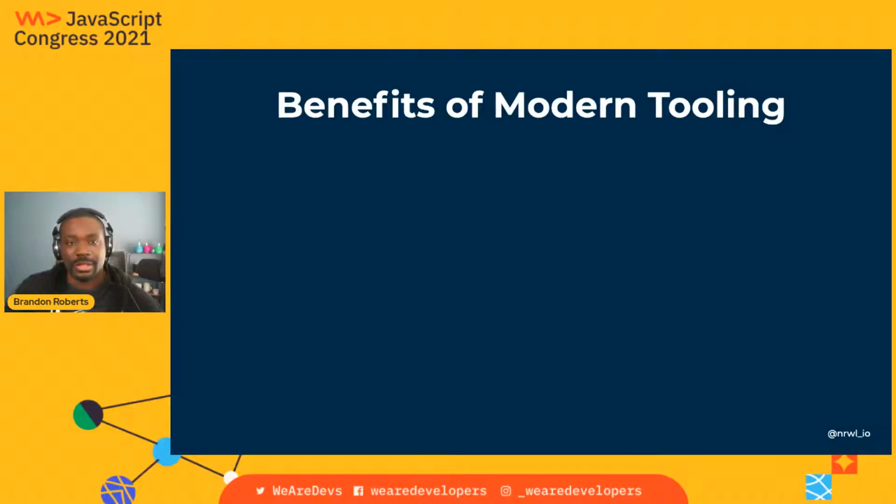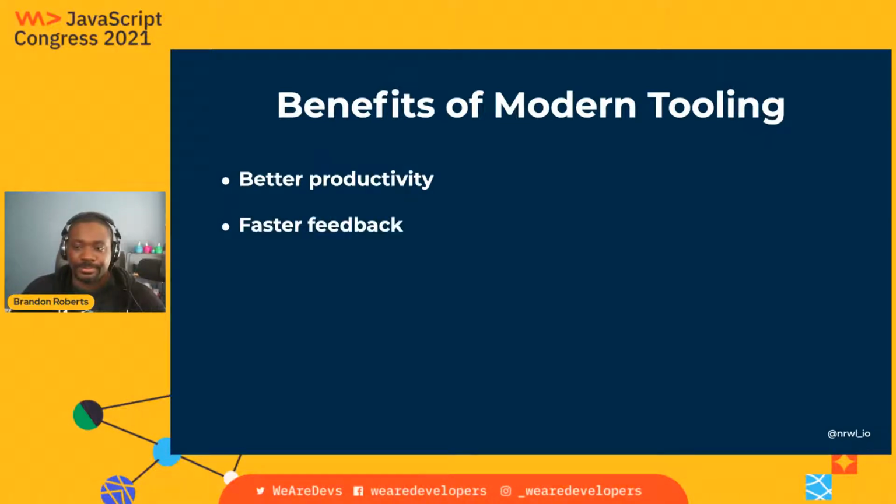So some of the benefits of the modern tooling that we'll focus on here are, of course, better productivity. Developers spend less time formatting files and more time writing code, letting the tools handle some of those processes I mentioned earlier that speed up the development process.